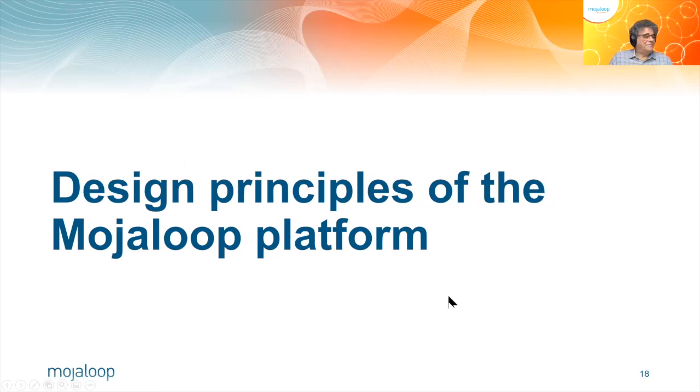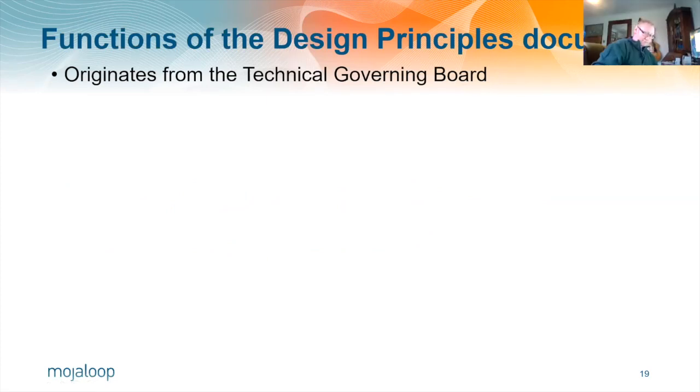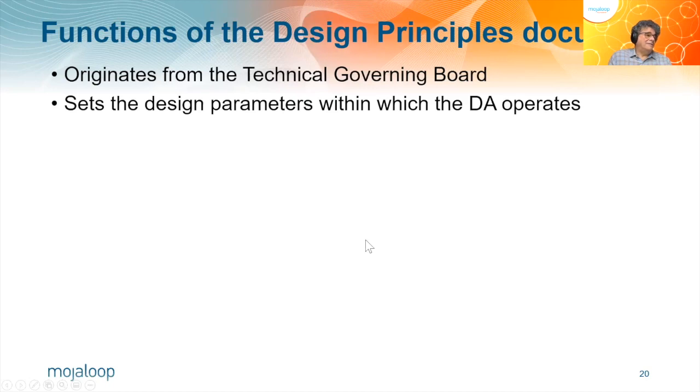Thank you very much. So the document is like this. First of all, it originated from the Technical Governing Board, and it's designed to set the design parameters within which the design authority operates.